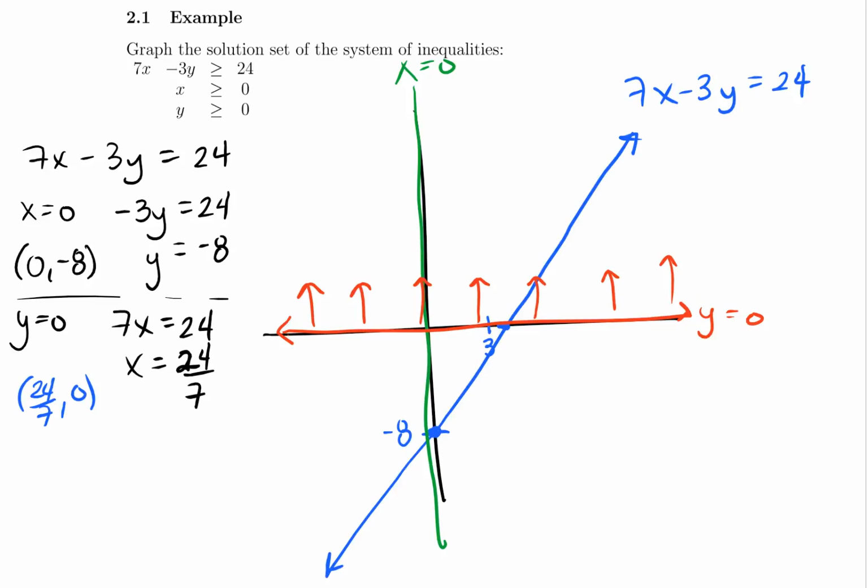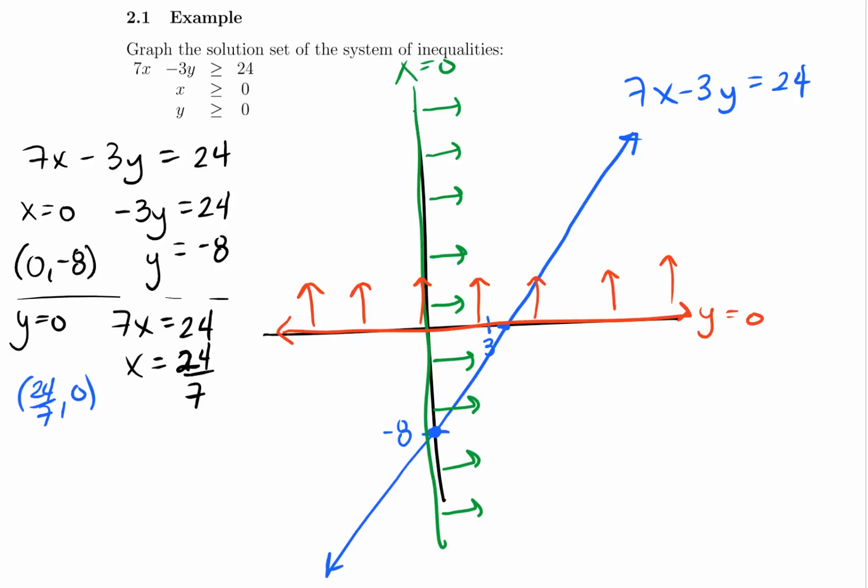If x has to be greater than or equal to 0, then that gives us anything on the right half of the coordinate plane. Now we can see there is some overlap between these two. Quadrant 1 is looking promising because we have overlap occurring there.